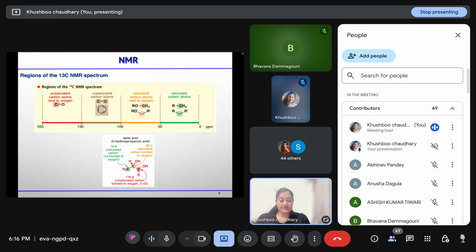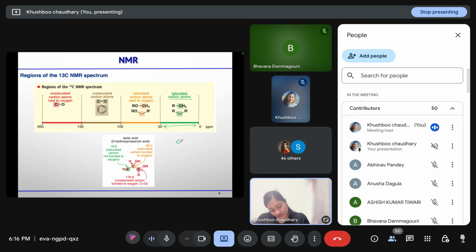Now let us discuss the regions of the carbon 13 NMR spectrum. Broadly we can divide the carbon 13 spectrum into four regions. The first region is from 0 to 50, which describes carbon attached to carbon only, or saturated carbon atoms.